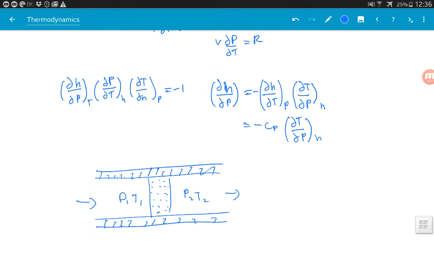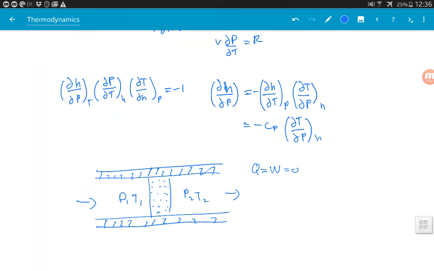With this condition, ideally, because this is insulated, Q is zero, and as the gas expands through this porous plug, the work is also equal to 0.